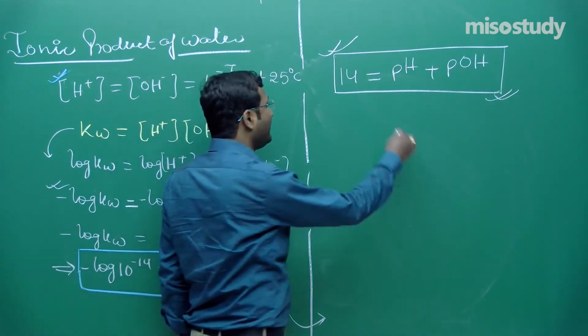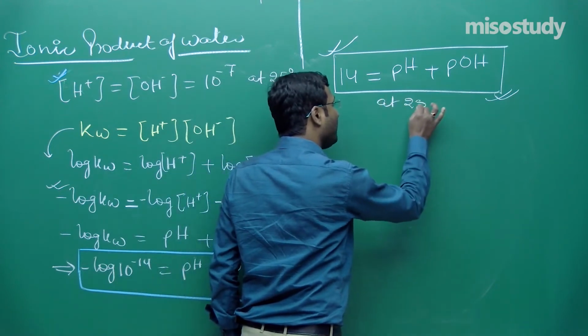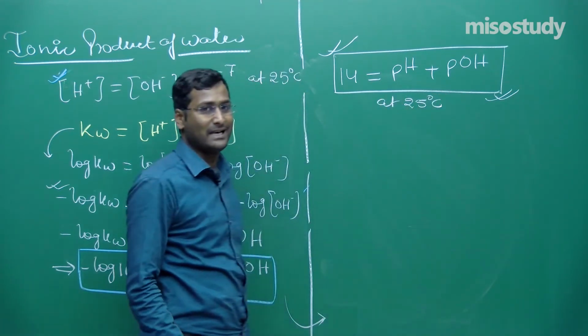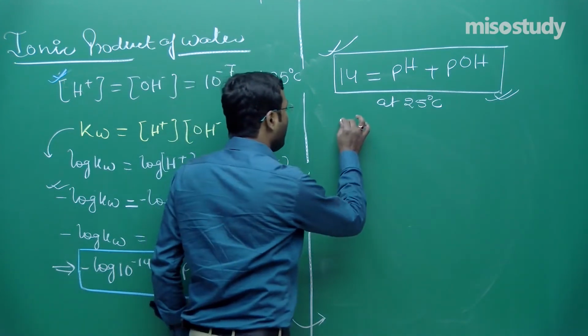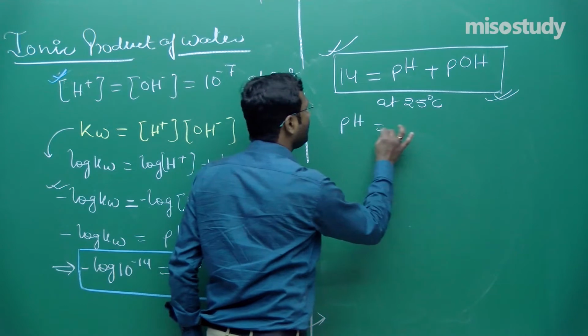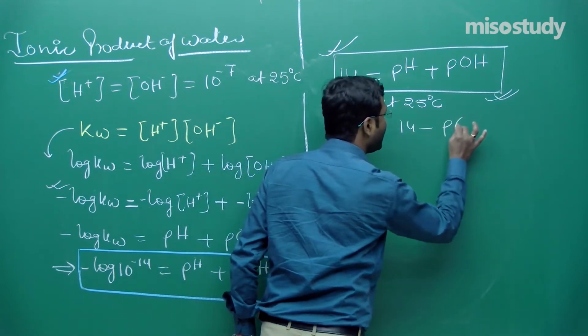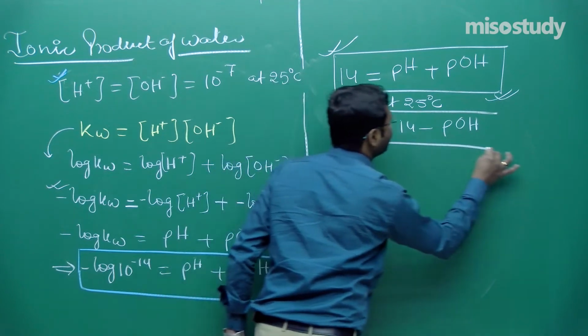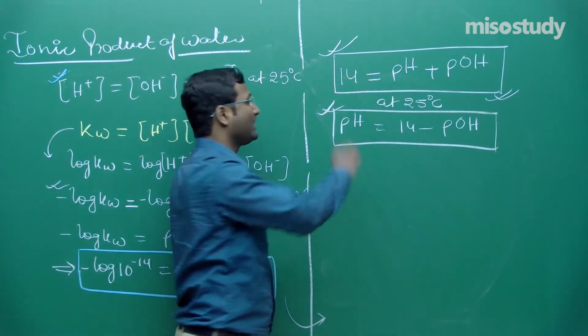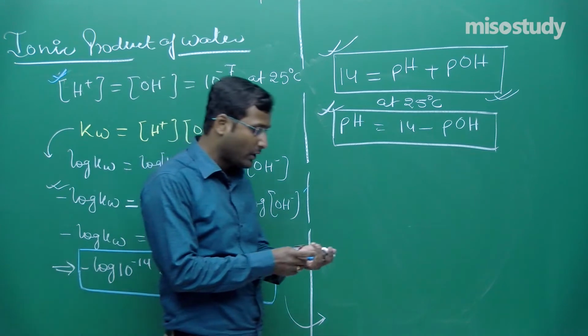One thing again, this is at 25 degrees Celsius; if temperature rises, the value also changes. So pH is equal to 14 minus pOH. This is the final result regarding pH and pOH.